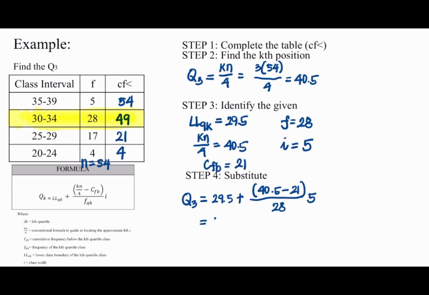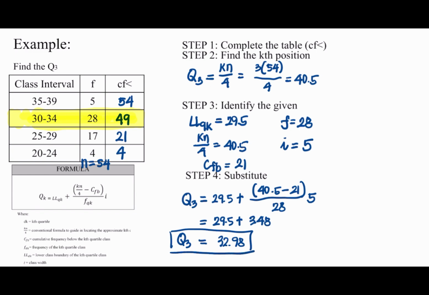Next, simplify it further. 21.5 over 28 times 5, if you're going to use your calculator, would give you 3.48. Add them, and that would give you 32.98. And this is now your third quartile.